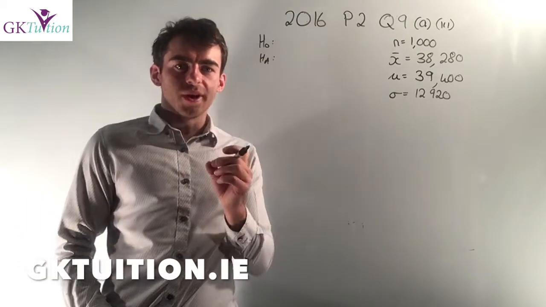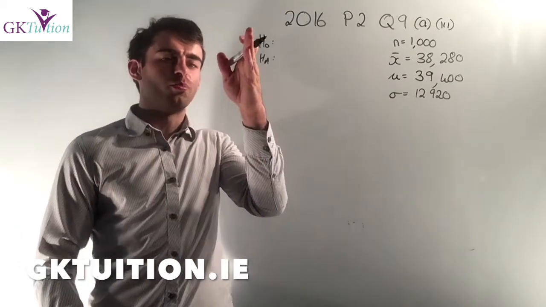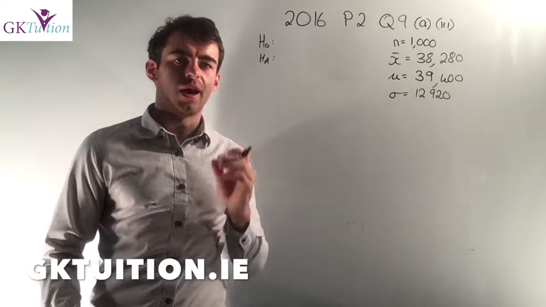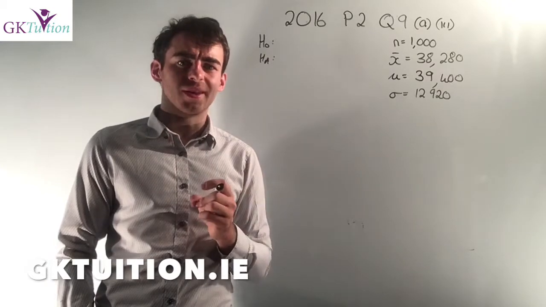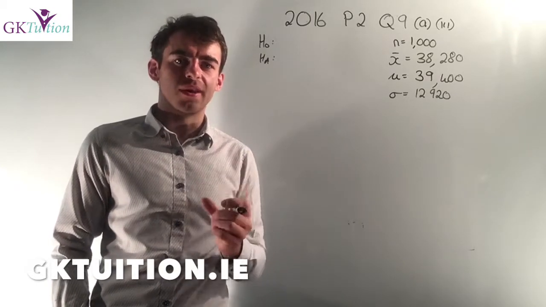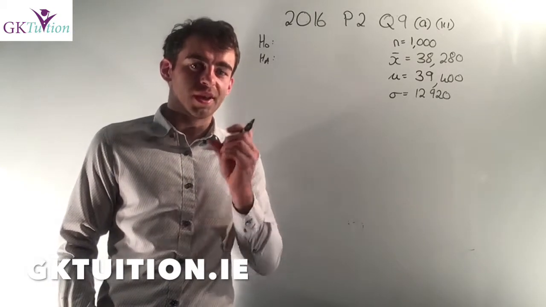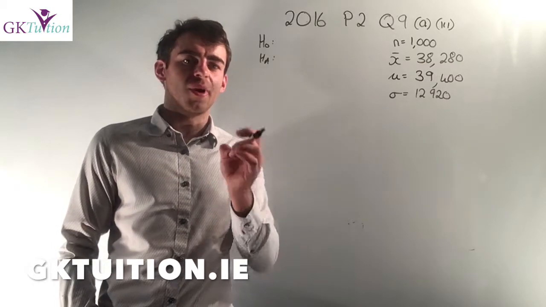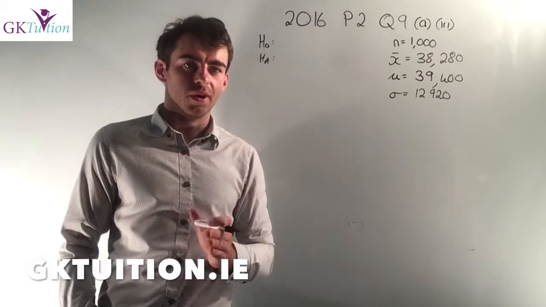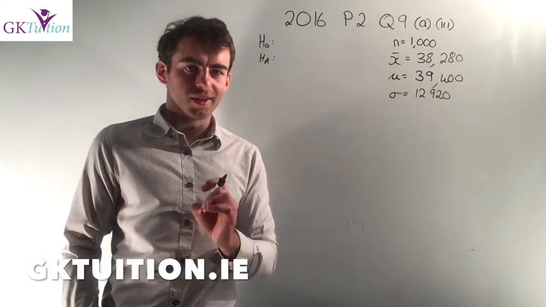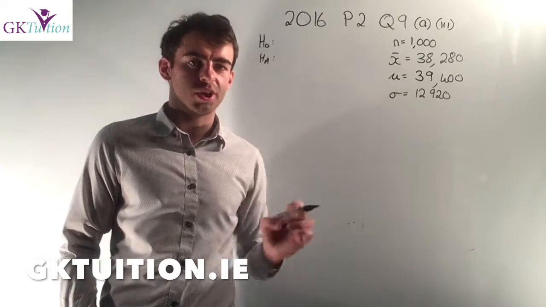Okay, so now there's the wording on this question. It's very important in terms of our null hypothesis and our alternative hypothesis. The question says, test the hypothesis that the mean annual income of full-time employment has changed. Test the hypothesis that it has changed. Okay, but that is not my null hypothesis. The null hypothesis is always that there's no change.